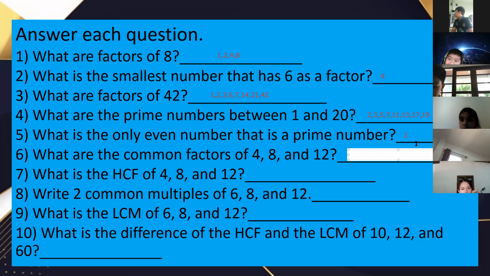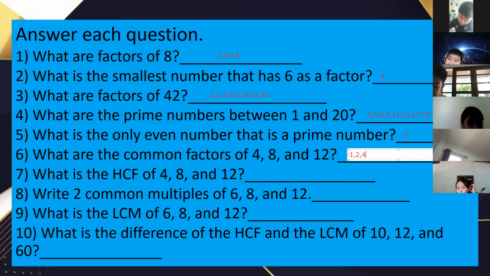Ryu, you don't listen to my lesson. Common factors of 4 and 12. How about Lukoya? 1, 2, and 4.